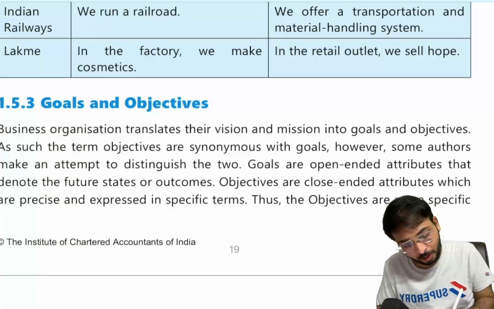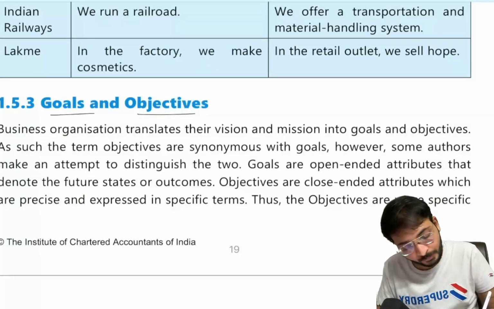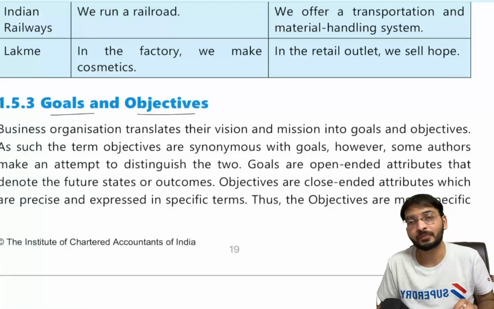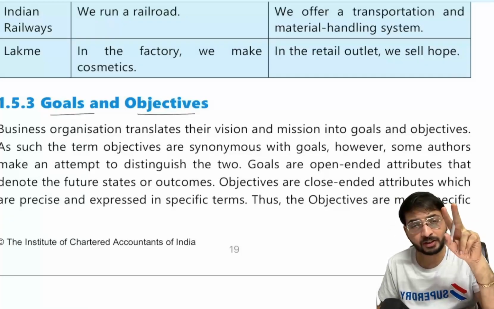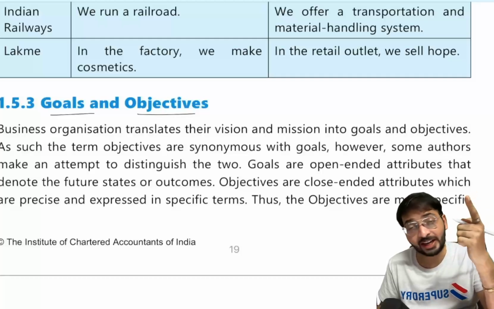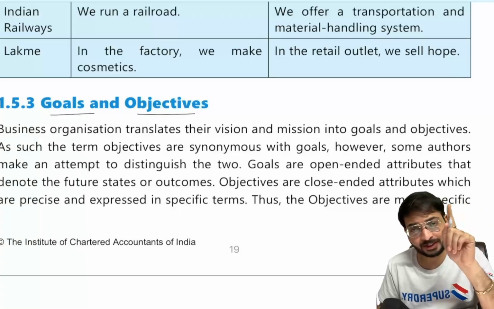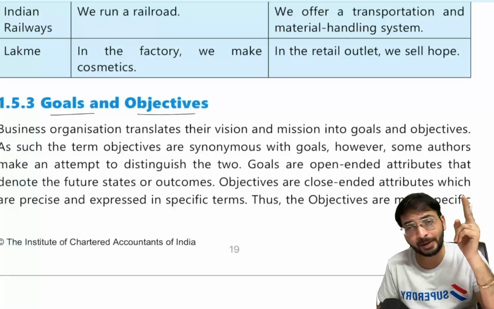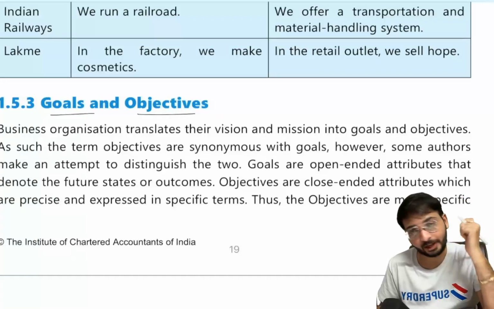Now, what is the difference between the two statements I'm saying right now? Statement number 1: I have to complete SM chapter 1. Statement number 2: I have to complete SM chapter 1 by today evening.